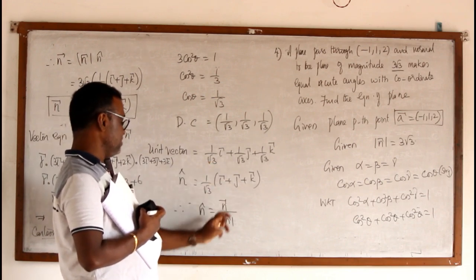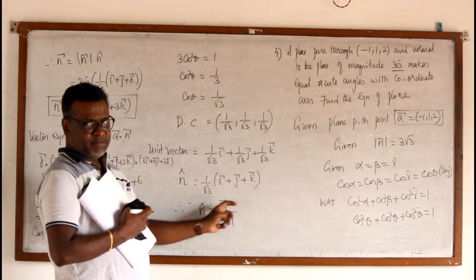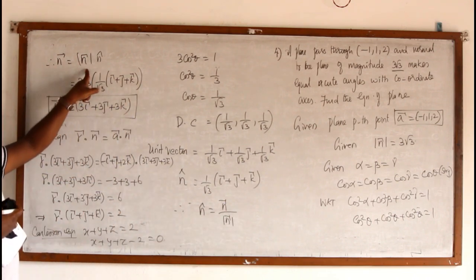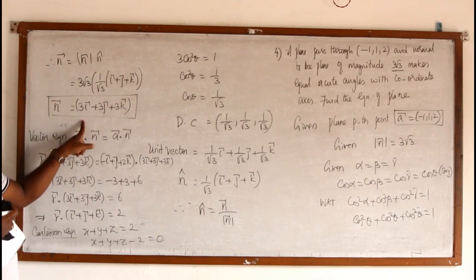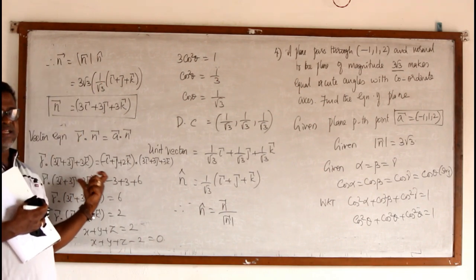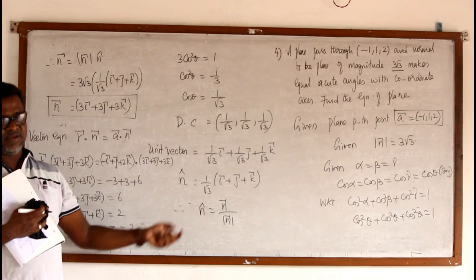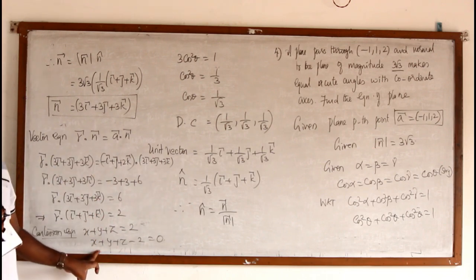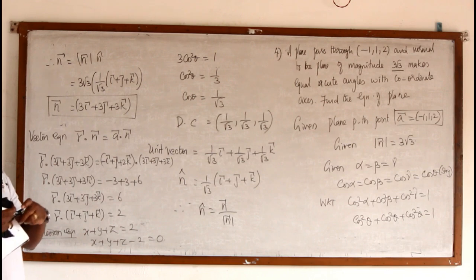So n cap is this. We know n cap is n vector by modulus of n vector. Therefore, n vector is modulus of n into n cap. Then r dot n equal to a dot n gives the equation of the plane. When we simplify, we will get this equation. Therefore, this is the corresponding Cartesian equation.